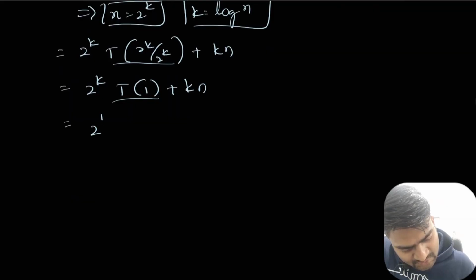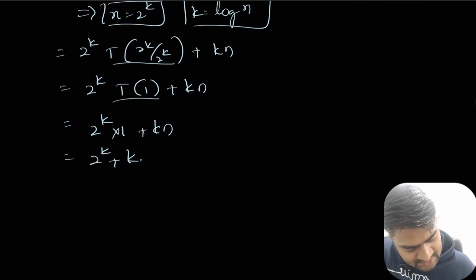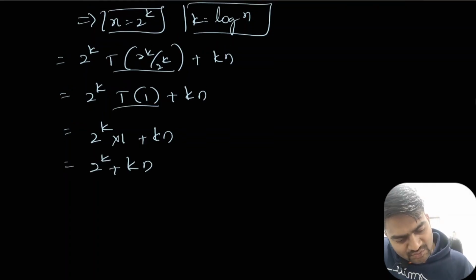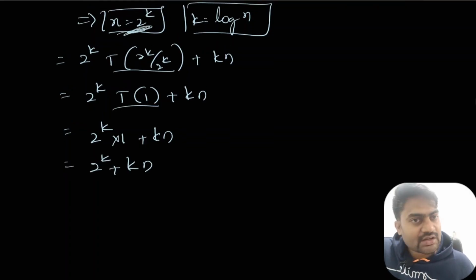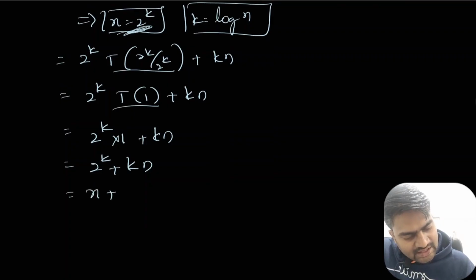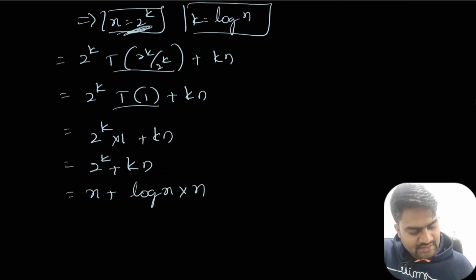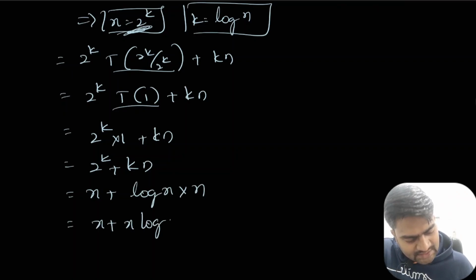So it will be 2 to the power k into 1 plus kn, that is 2 to the power k plus kn. And we know what 2 to the power k is here. It is n. And what is k here? Log n, into n. So this will be n plus n log n.